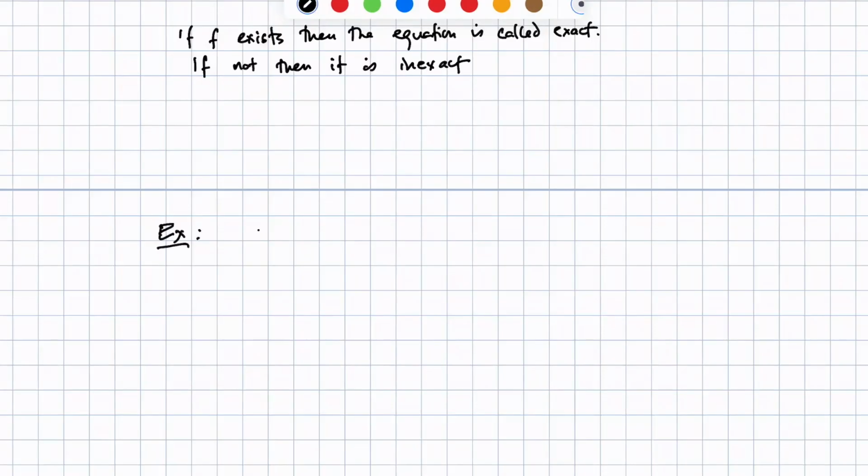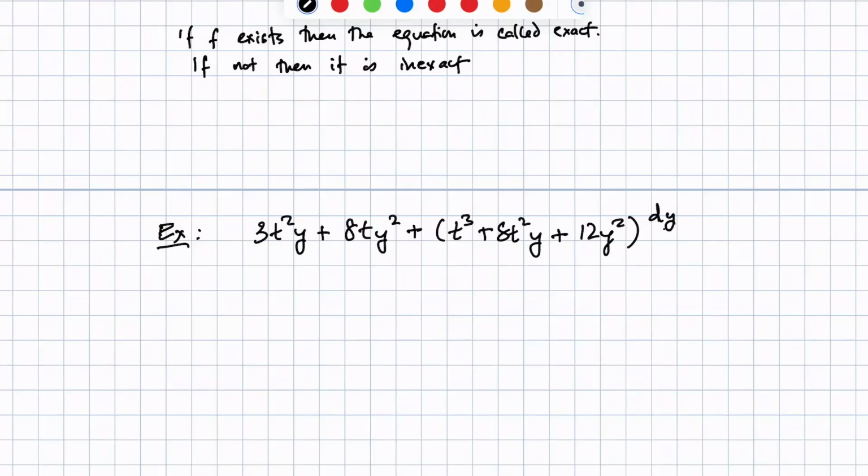Let's say 3t squared y plus 8ty squared plus t cubed plus 8t squared y plus 12y squared, dy dt equals 0 with y of 2 equals 1.